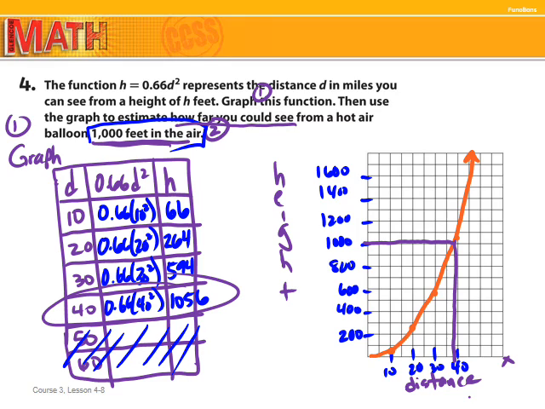So how far can you see from a hot air balloon 1,000 feet up in the air? You can see about, we'll say 39, and we're talking distance in miles, 39 miles.